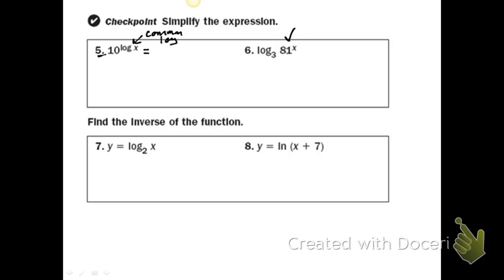This one's also kind of tricky with leaving the base as 81. You want to try to rewrite that base, and that's about all I'm going to say. So rewrite the base, so maybe the base of the log matches the base of the exponent in the log. And then 7 and 8 are kind of just like the inverses we just did. Switch x and y, solve for y by writing in exponential form.